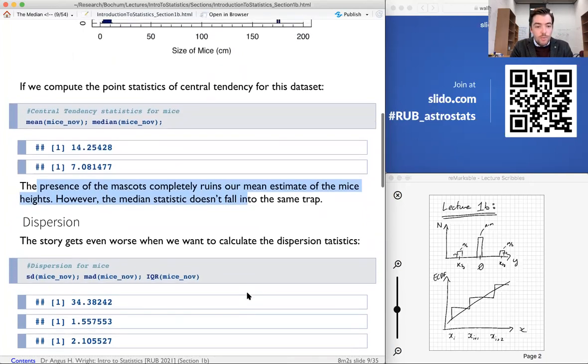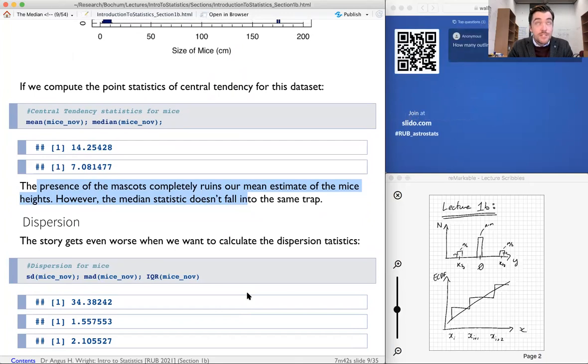The next thing that we want to look at is the dispersion. And the story becomes even more problematic when we ask the question, okay, the mean was large for this mice survey, but what about the standard deviation?